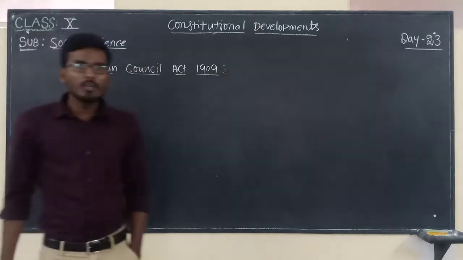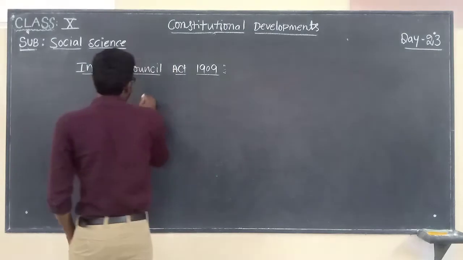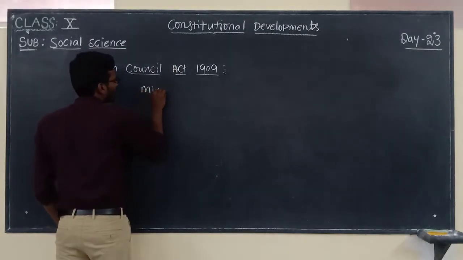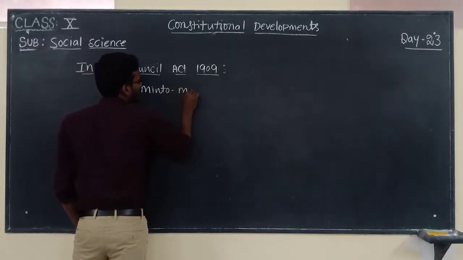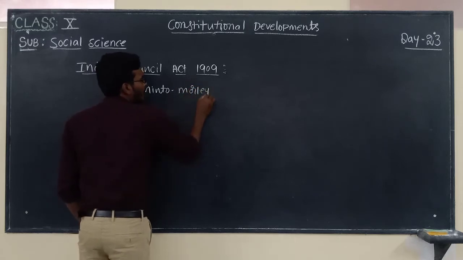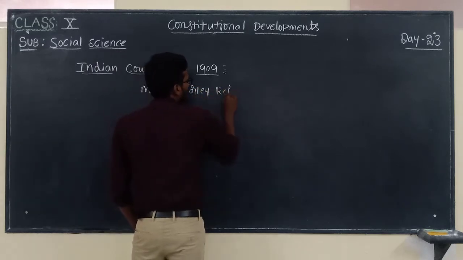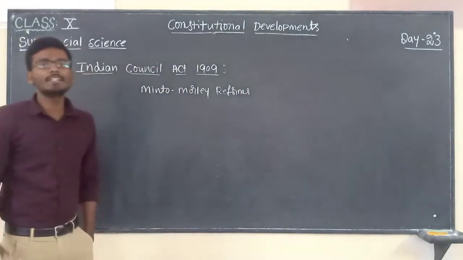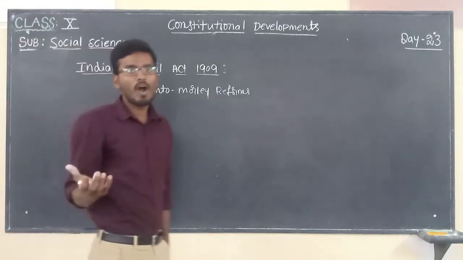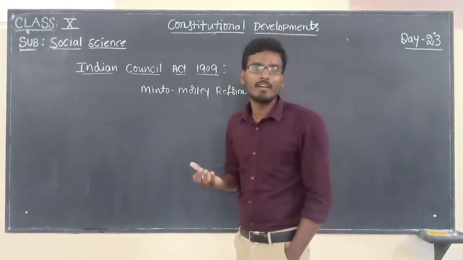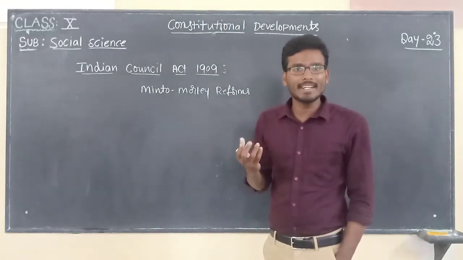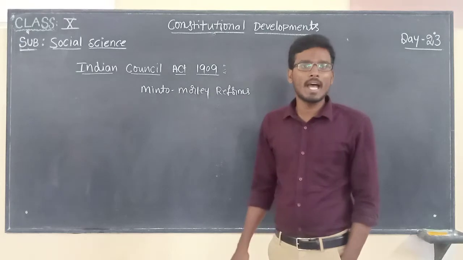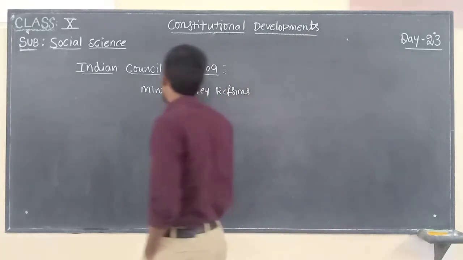This act is also known as the Minto-Marley reforms. Here Minto and Marley are the two British officials. They brought this act in the administration of India. Due to that reason, this act is known as the Minto-Marley reforms.